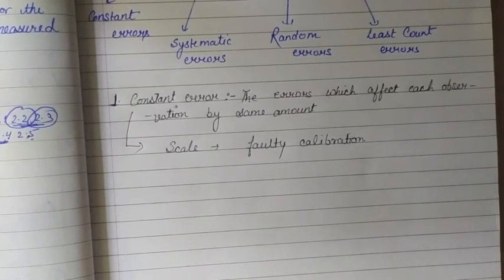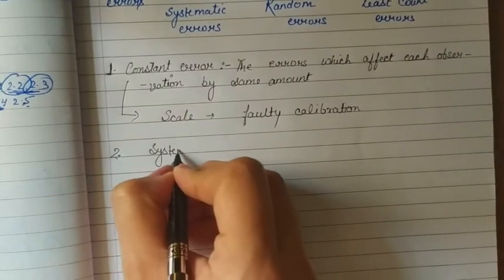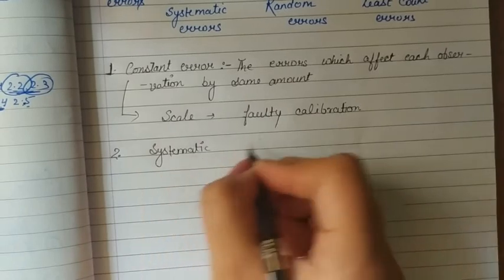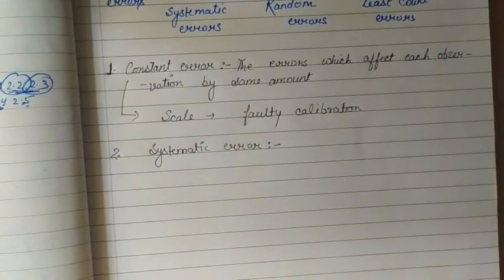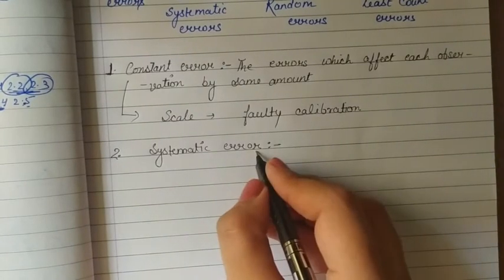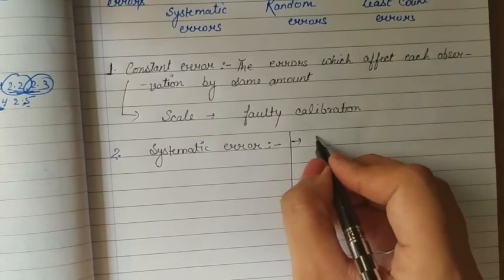Next error that we can face is systematic error. This systematic error is further divided into 4 categories. First is instrumental error.